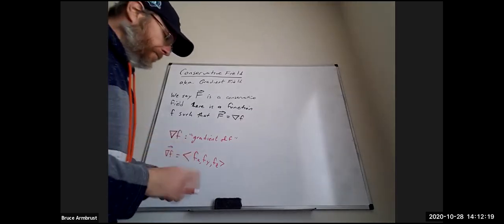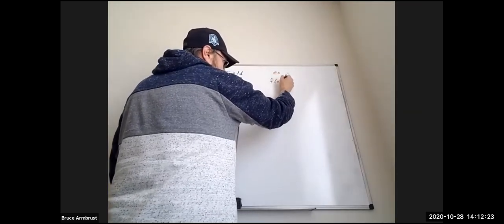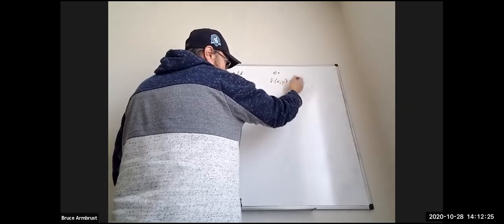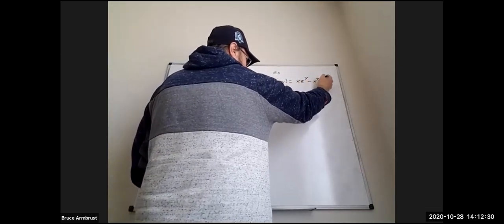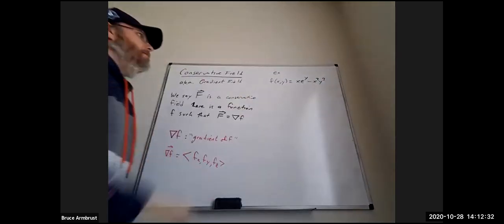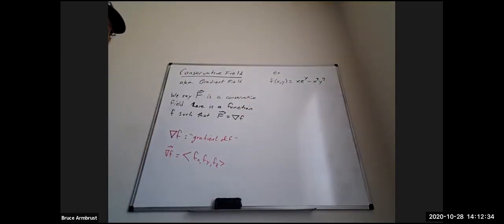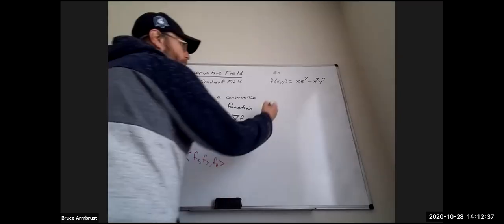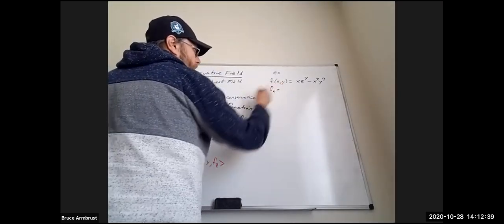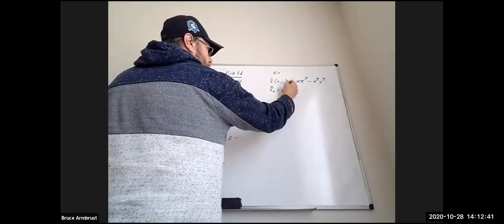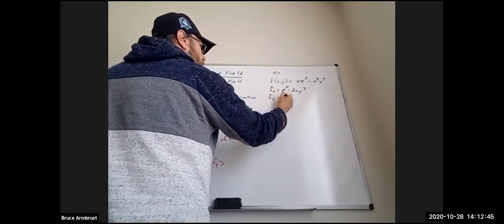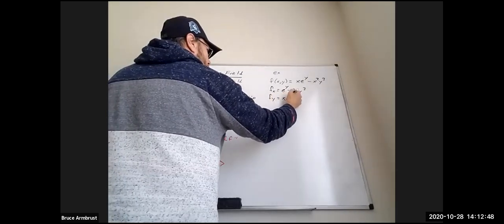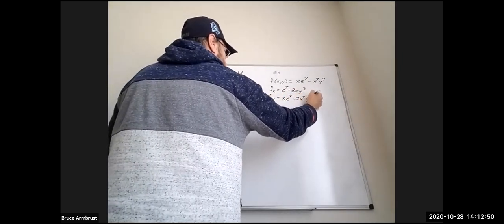So for example, if we had a function f(x,y) equals x e to the y minus x squared y cubed. All right, so there's a function f. So if we wanted to get the gradient, we would take the partials. So f_x is e to the y minus 2xy cubed. f_y is x e to the y minus 3x squared y squared.